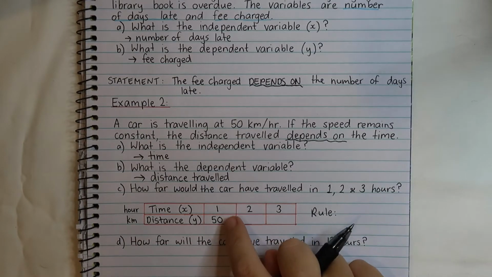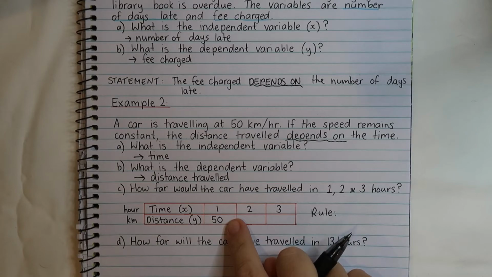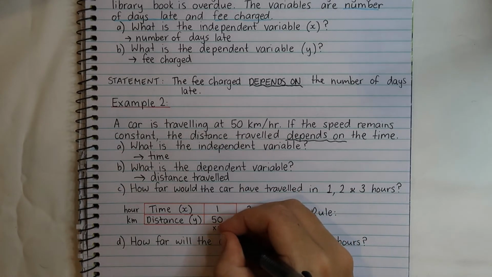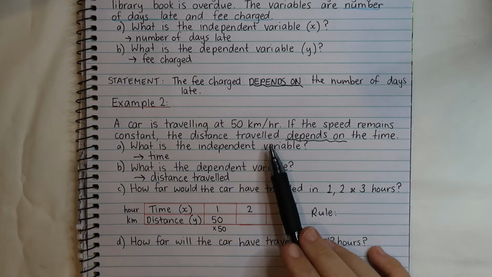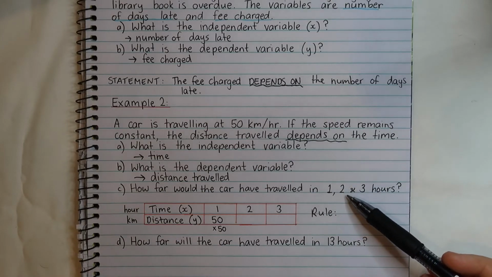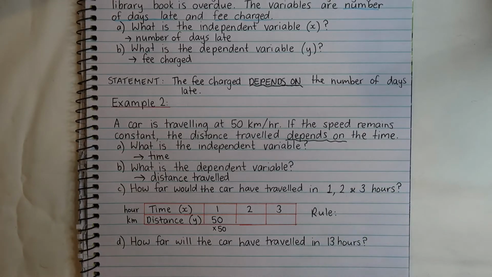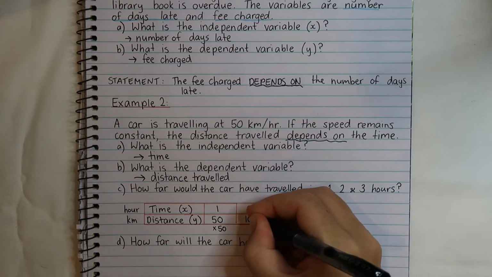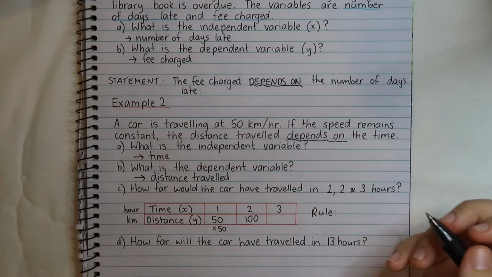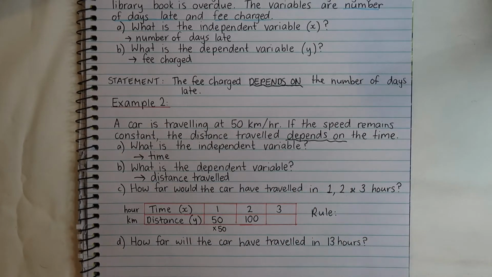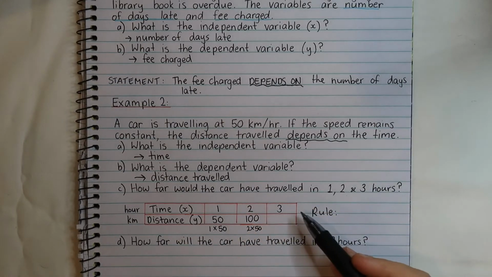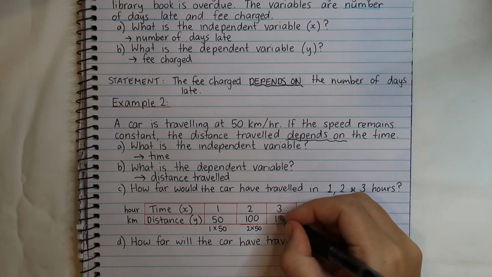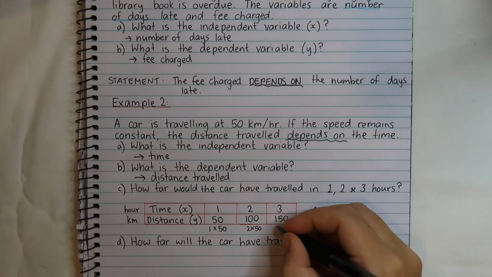So what did we do to x to get to y? What did we multiply it by? We multiplied it by 50. So if we are going to be doing 50 kilometers per hour, but we're going to be traveling for 2 hours, the distance we would have traveled would be 100 kilometers. If we're traveling for 3 hours, we're going to be doing 150 kilometers.